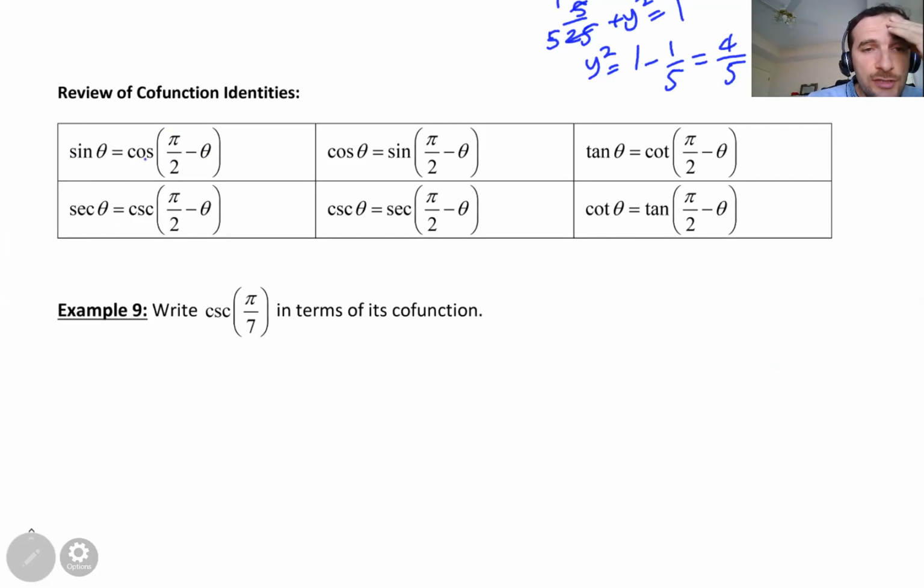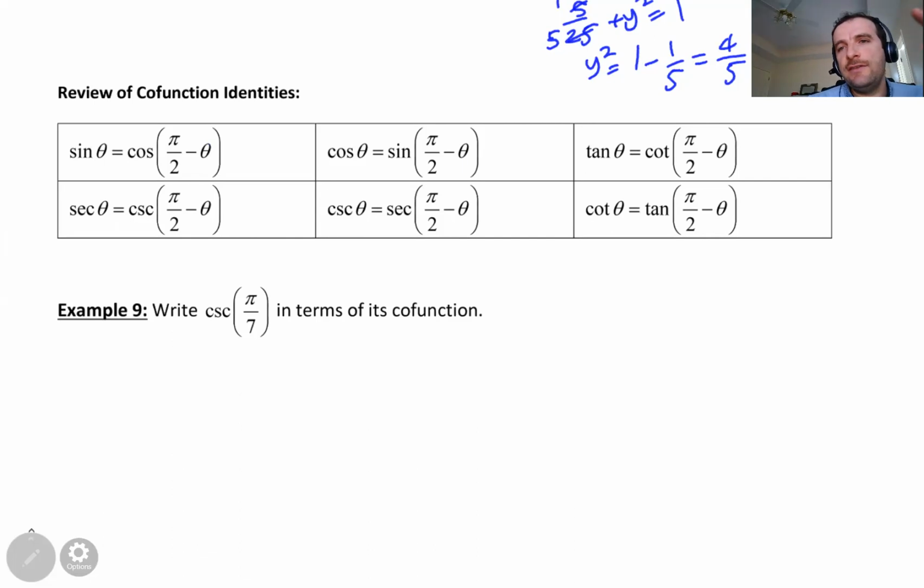So cosine of pi over 2 minus theta is sine theta. And similarly, sine of pi over 2 minus theta is cosine theta, okay? You change the function with the co-function and keep the theta.